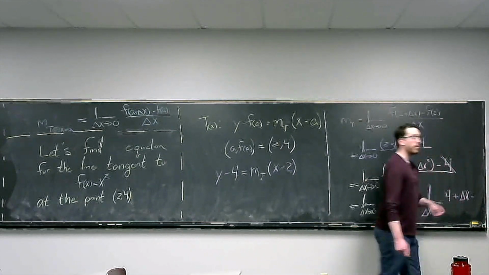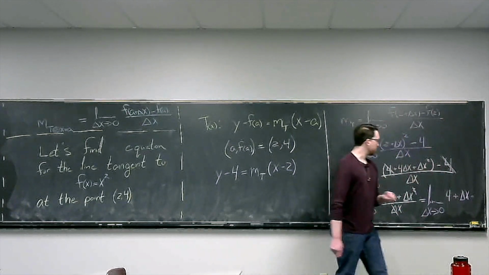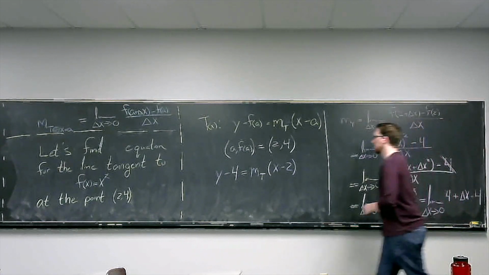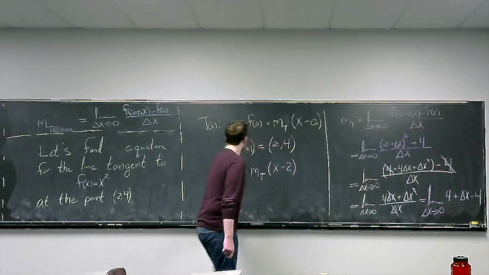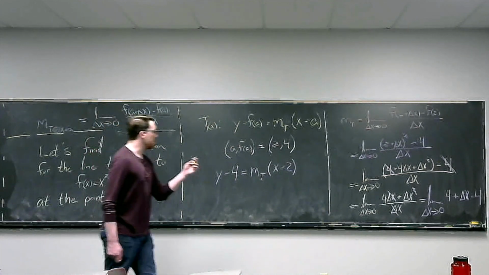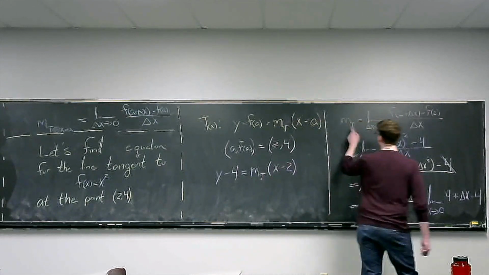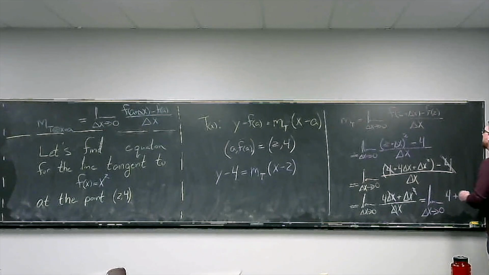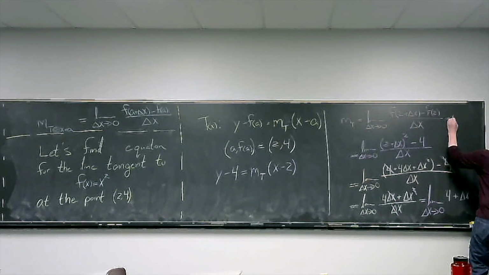So that's just going to come out to be 4. So we just found m sub t, the slope of the tangent line, is equal to 4 here.